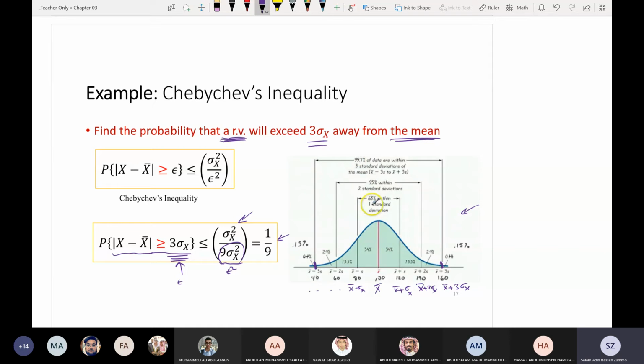For the Gaussian, 99% of the PDF is within 3 sigma in both directions, which doesn't contradict this. This says the probability of being away is at most 1/9; 1 minus 0.997 is less than 1/9.